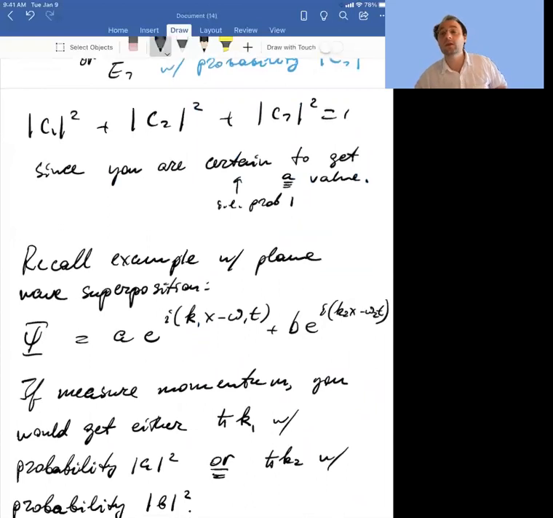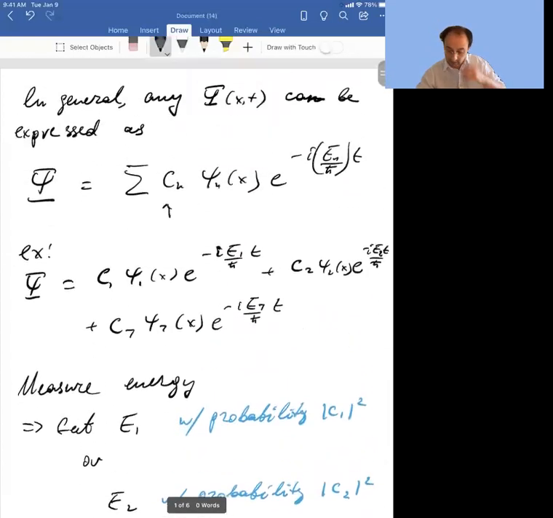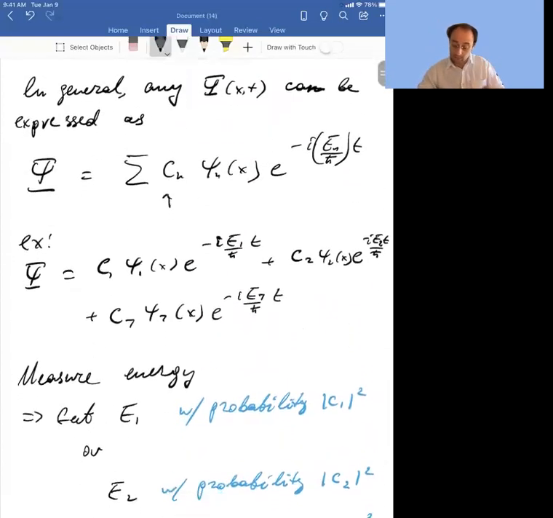And the probability that you're going to get a particular value is given by the square of the magnitude of the coefficient. So if you express the wave function as a superposition of states of well-defined energy, such as in this example, you're going to get one energy or the other or the third. And you will only get the energies that are represented in that mix. The probability to get a respective energy is given by the square of the magnitude of the coefficient that comes with that value of the energy.